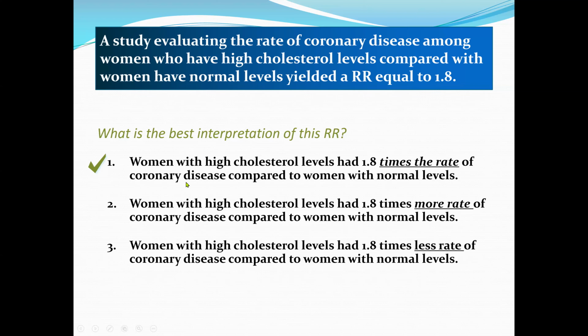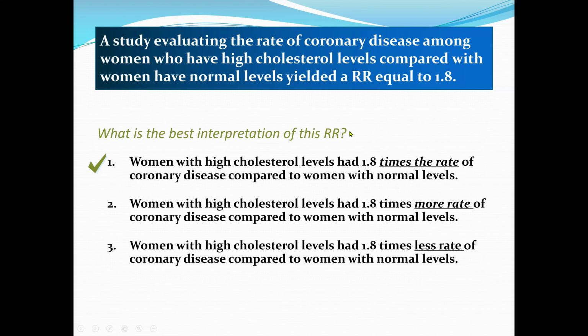So in this case, our answer will be A, which said women with high cholesterol levels had almost twice, or 1.8 times, the rate of coronary disease compared to women with normal levels. Again, the main point of this question is how to interpret the relative risk or even the risk difference.